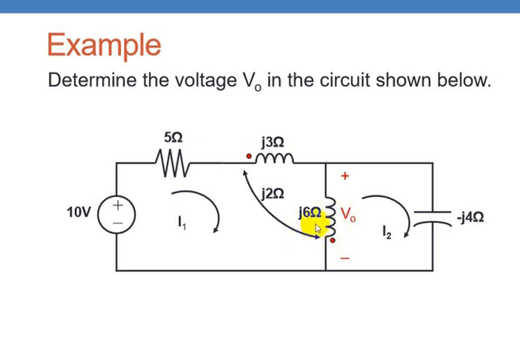That drop will be j2 into I1. This is caused by the current in the neighboring coil, j2 into I1. So what about the sign? You have to decide. Here current is entering the dotted terminal, and here it is leaving. Therefore you have to write minus sign.